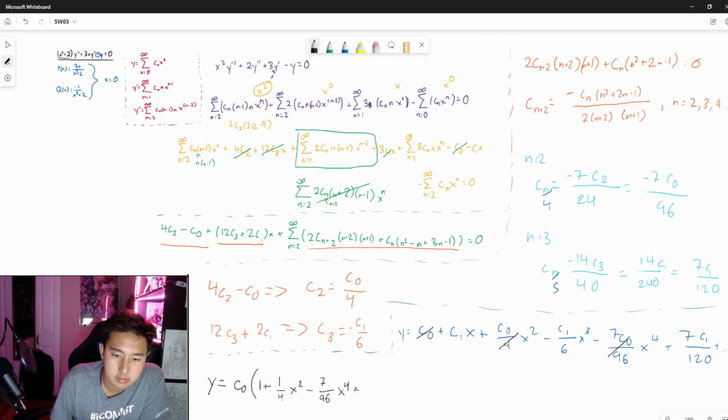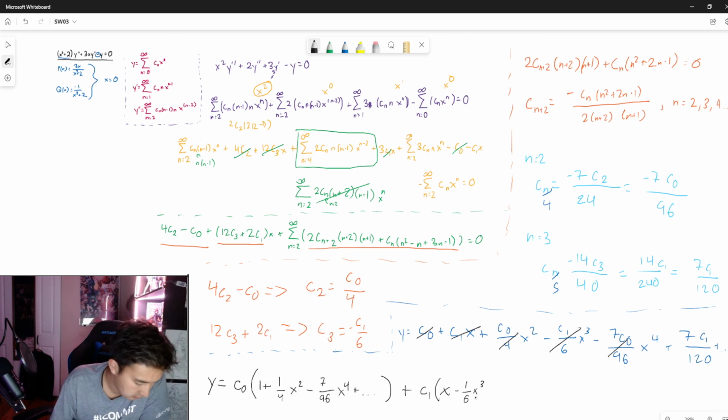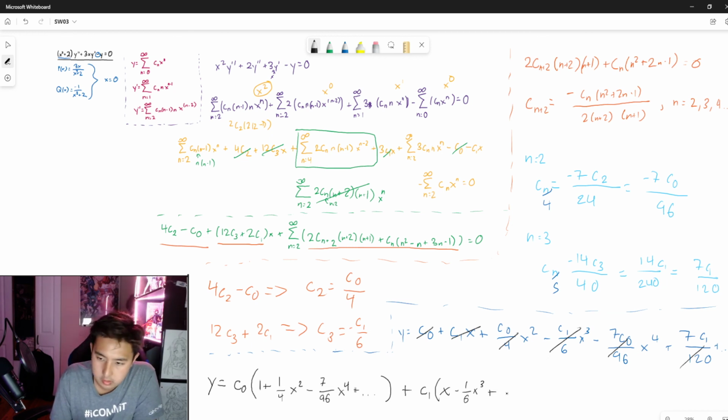Then we have plus, this will all be added to C1. In parentheses we have x, and then next we have minus 1 over 6 x to the third, plus we now have 7 over 120 x to the fifth.